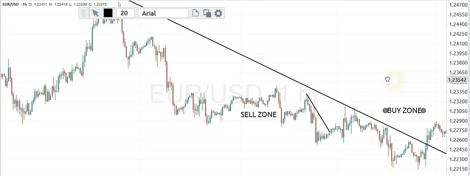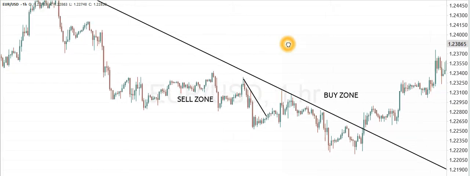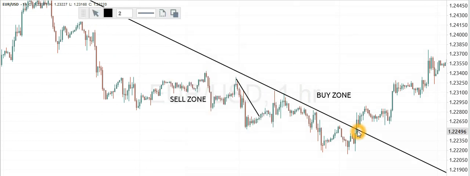And so our focus will be now on buying, and then what we will do is focus on drawing an uptrend line. As you can see, when the market broke the downtrend line, it moved from the sell zone and entered into the buy zone, and we'll draw an uptrend line to monitor that.